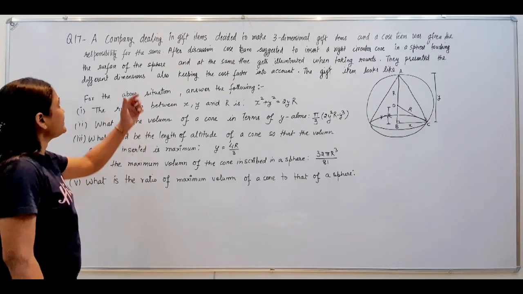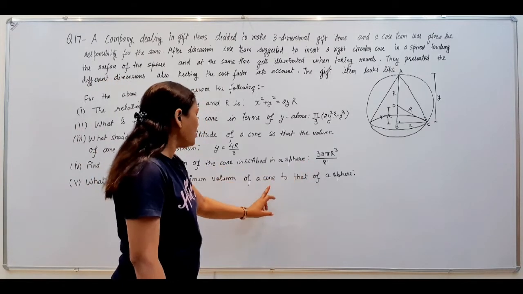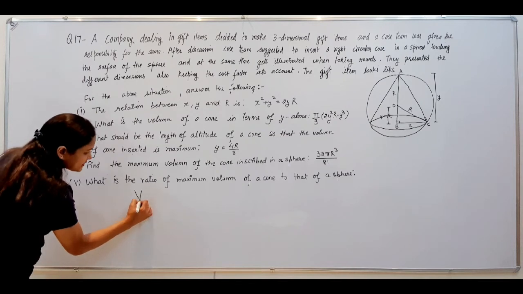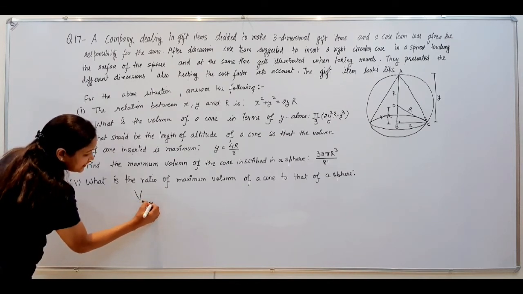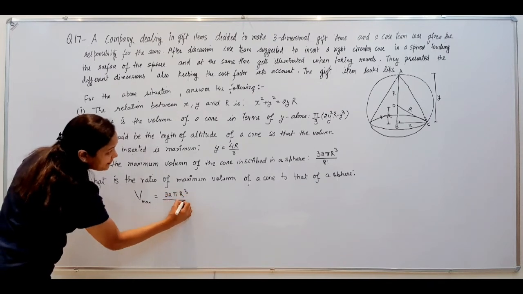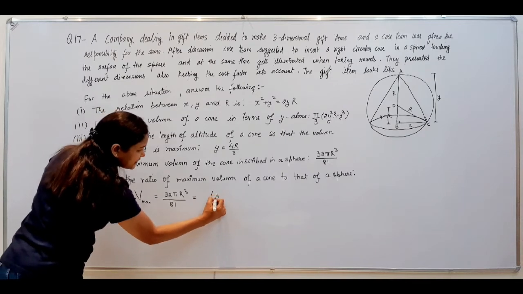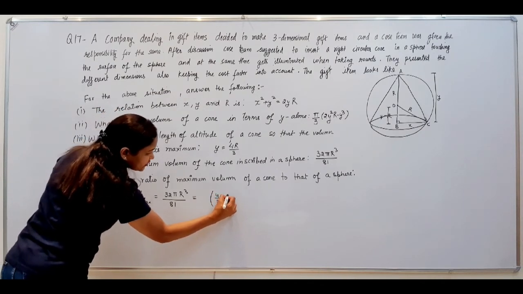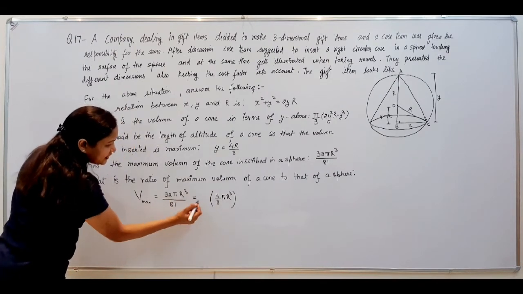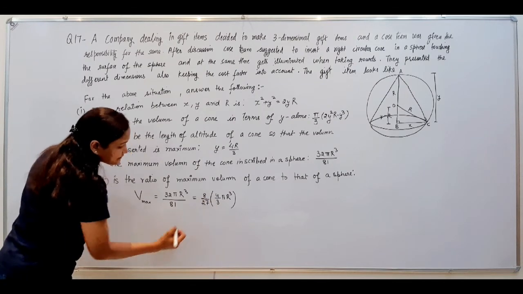Finally, your last question in this case study is, what is the ratio of maximum volume of the cone to that of the maximum volume of the sphere? Your maximum volume of the cone is 32 pi r cube upon 81, and this can be written as, if you separate 4/3 pi r cube, the volume of the sphere, then it will be 8/27 times.